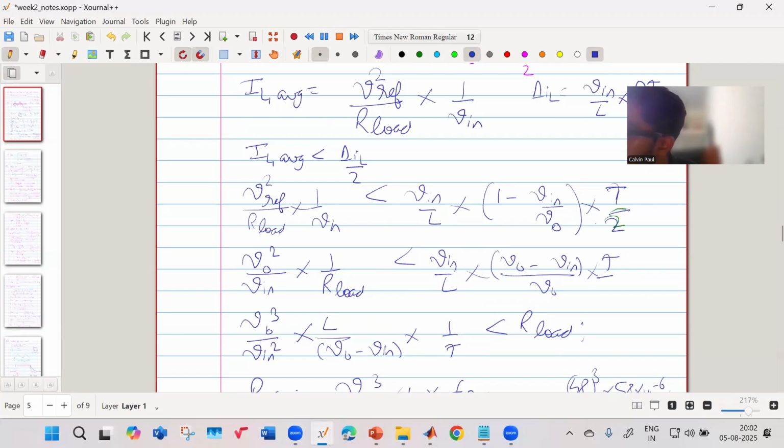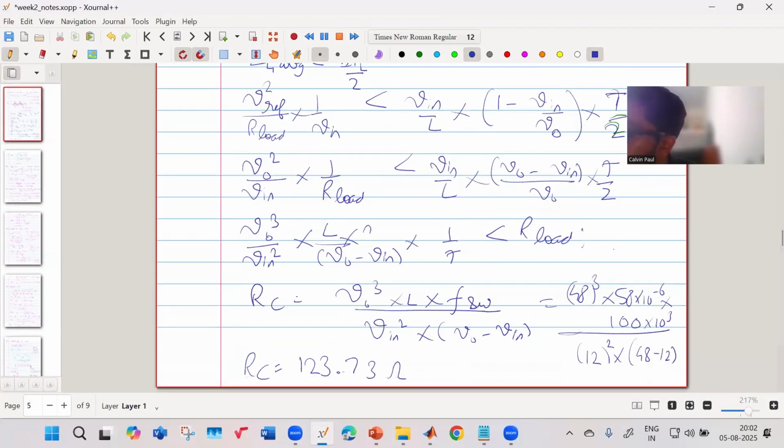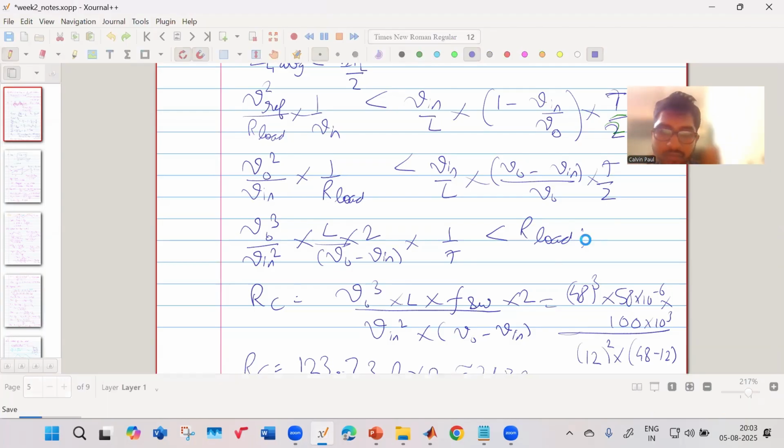I had messed this up. So the 2 will also come over here, and this will be around 124 into 2, approximately 248 ohm. Thank you for pointing it out.